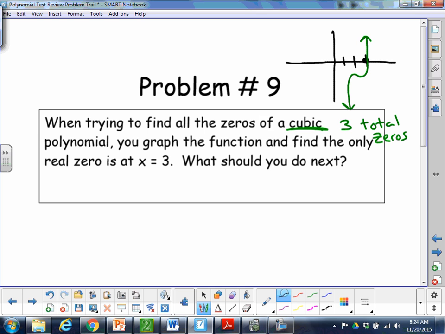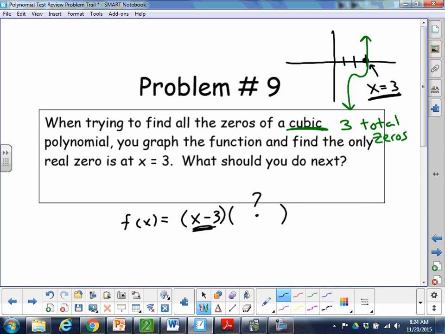Okay, so here's the thought. We know x equals 3 is a 0, right? So that tells me that there's a factor, right? The polynomial equals x minus 3 times some other factor, right? And I knew x minus 3 because if you think about it, if you set that equal to 0, that would get you this answer as a 0, right?